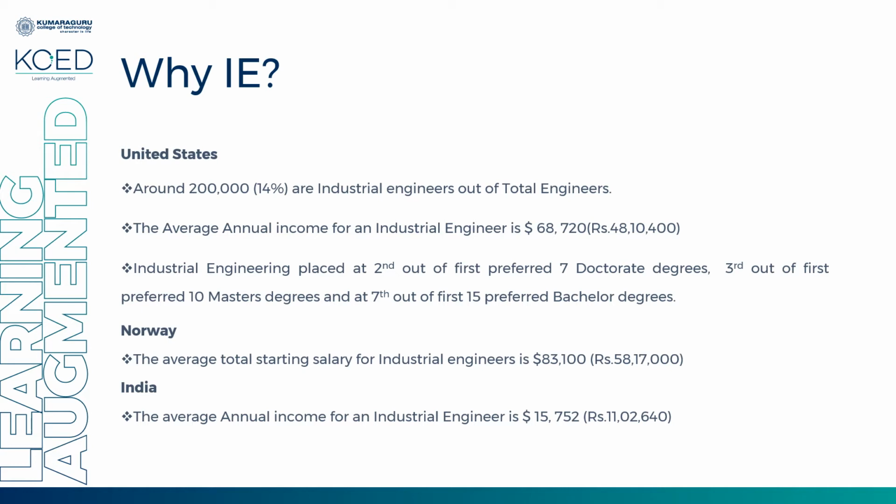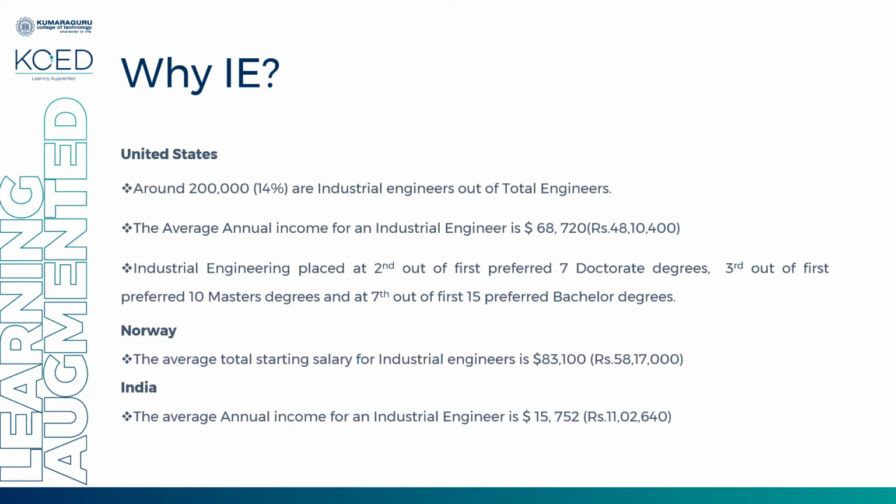The US is a developed country, but people are very keen about taking up this course. Why is it so? That's what we're going to discuss. For example, in Norway, the average starting salary for IEs is around 58 lakhs per annum.